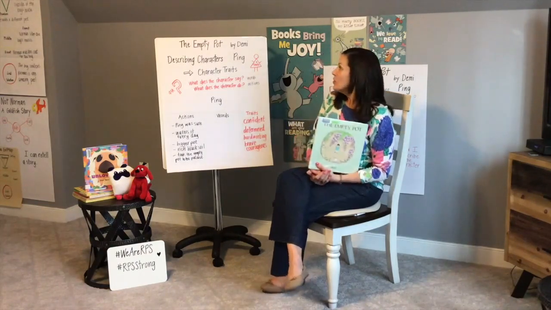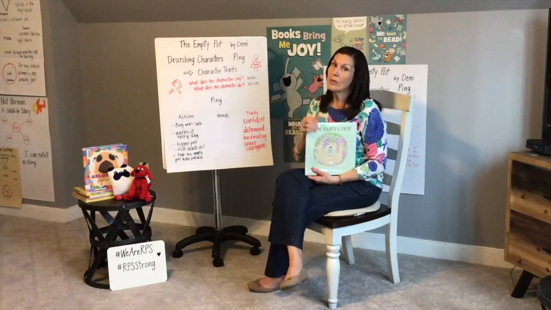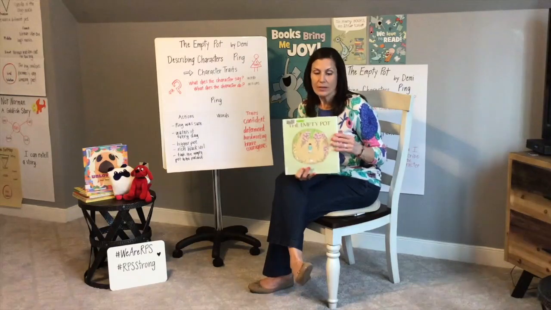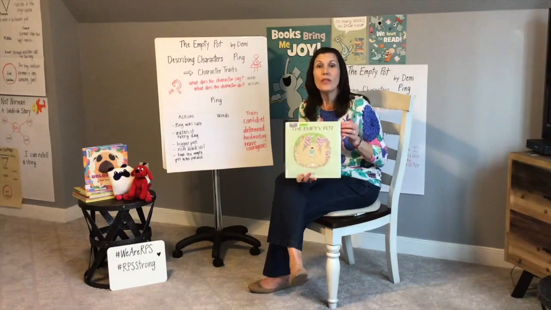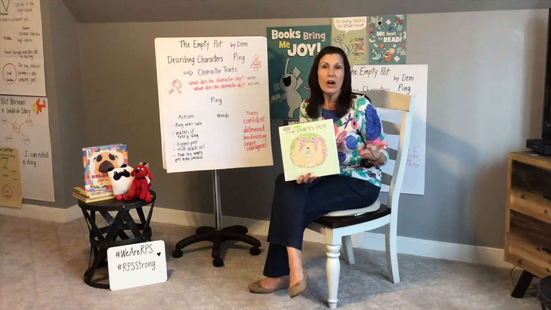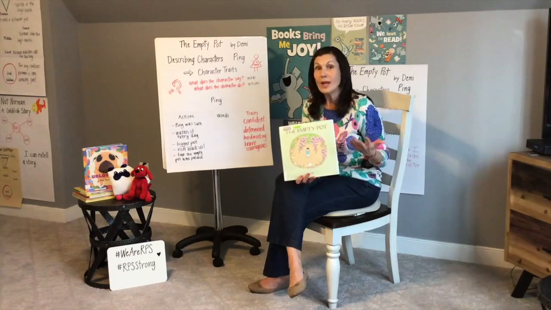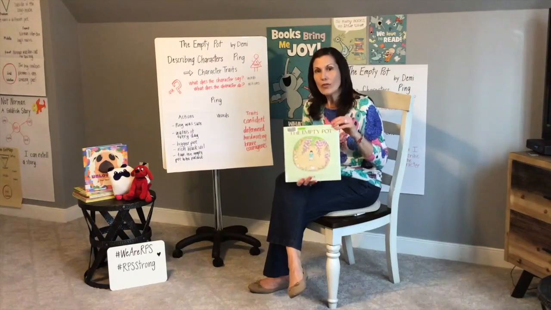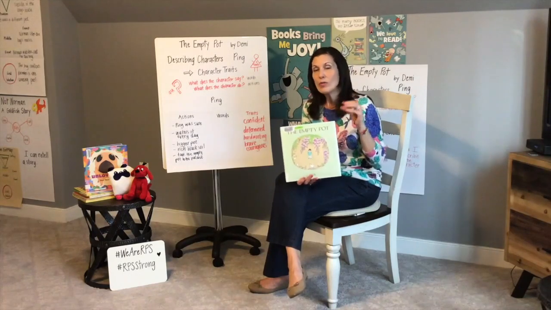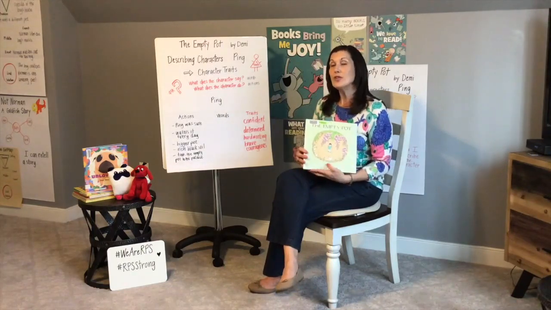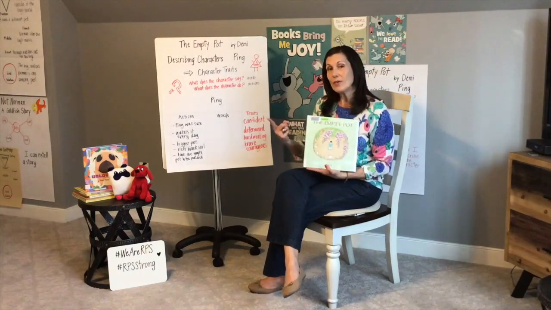So let's do a quick wrap up and review of what we've been working on. When we read fiction text, we focus on the elements of fiction, our characters, our setting, our conflict, our resolution, and even the theme, what we learn from the story. But in our first 2 lessons with the empty pot, we've really been digging deep into our characters. Our job has been to describe them. How do they feel?